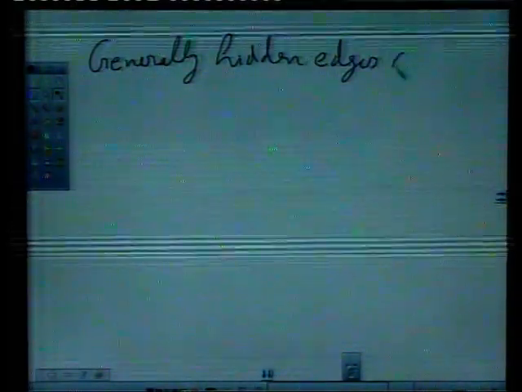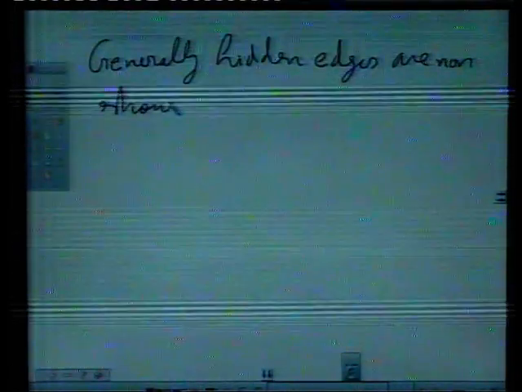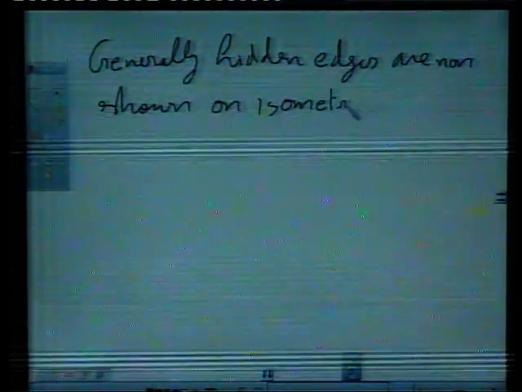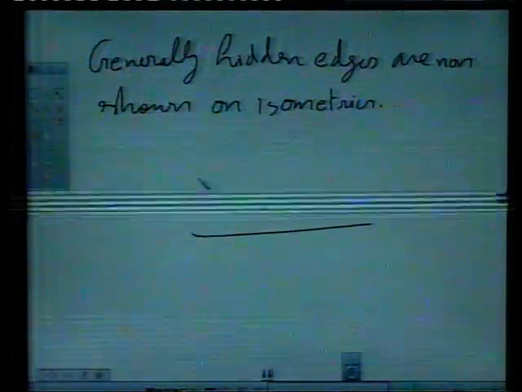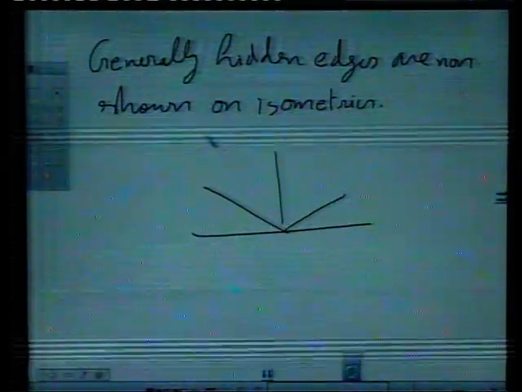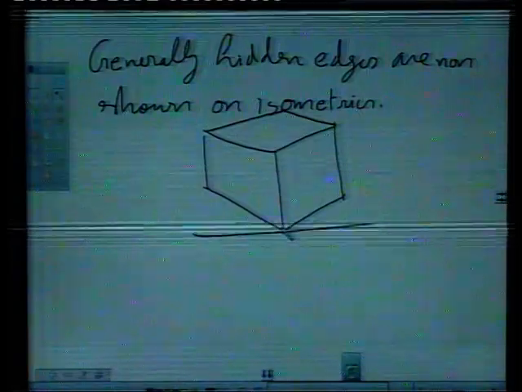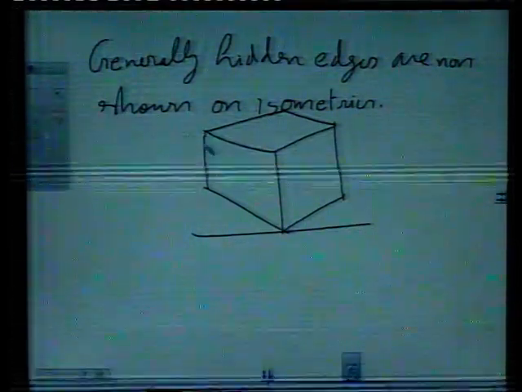Next point is generally hidden edges are not shown on isometrics. Say if we draw isometric of a cuboid, it will be something like this. I am drawing quickly because we are doing revision.